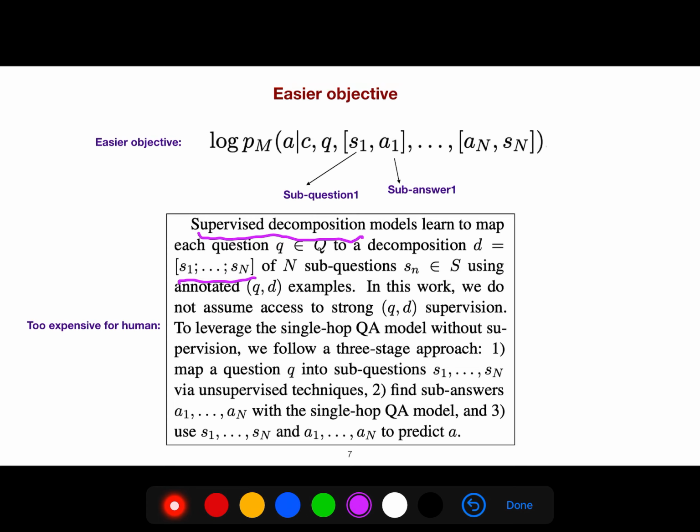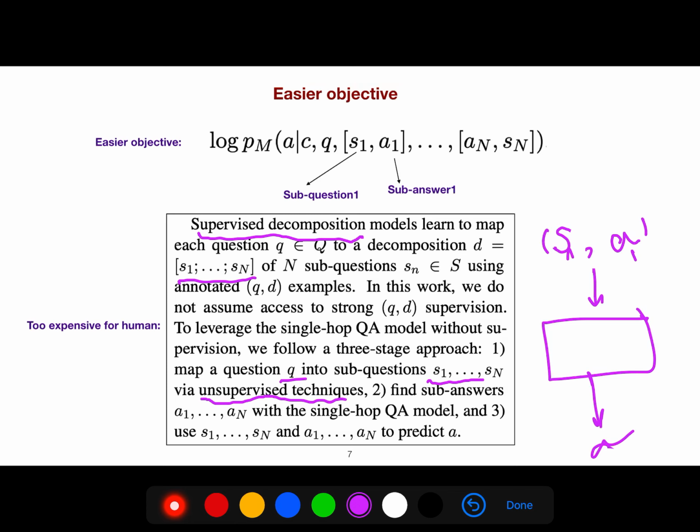So there are 3 approaches. We map a question into sub-questions using this unsupervised technique, and we find sub-answers. So we have these sub-questions S and these sub-answers A, and then we use S and A to predict the final answer A. These are just sub-answers, but this answer is the answer of the original very complicated question.